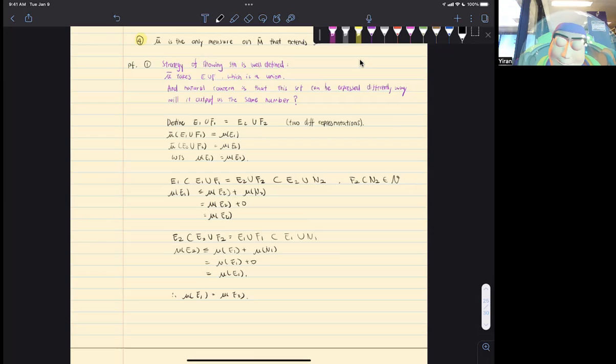Okay, so what do we have here? This is equal to mu bar of the union of Ei, by the definition of mu bar. Sorry, mu. Okay, and because these are disjoint and mu is a measure, this is equal to the sum of mu of Ei.